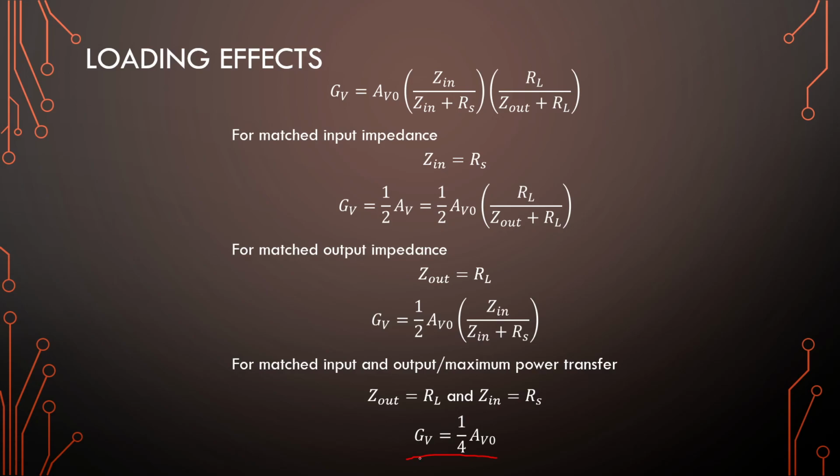And this will help a lot when designing for matched impedances. This equation is nice to remember when designing for maximum voltage transfer, and you have the opportunity to select your input and output impedances. It will assist greatly with the design.